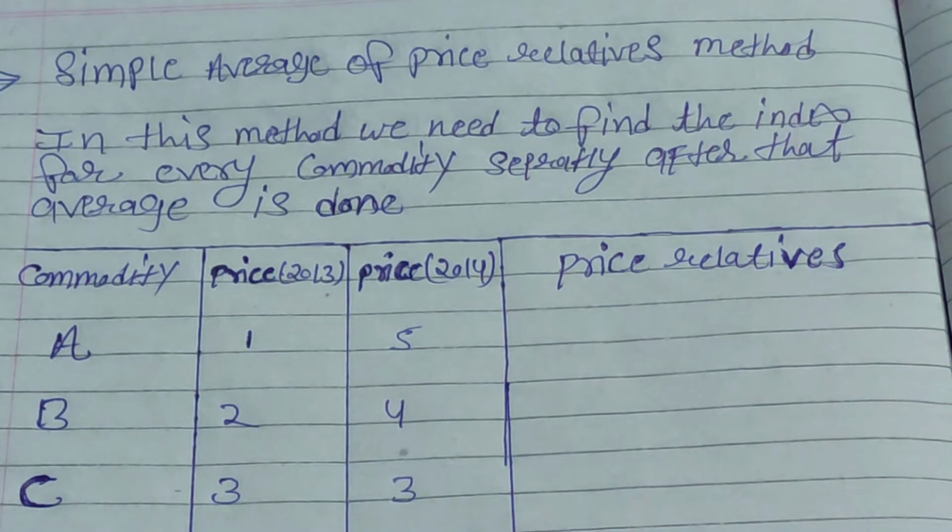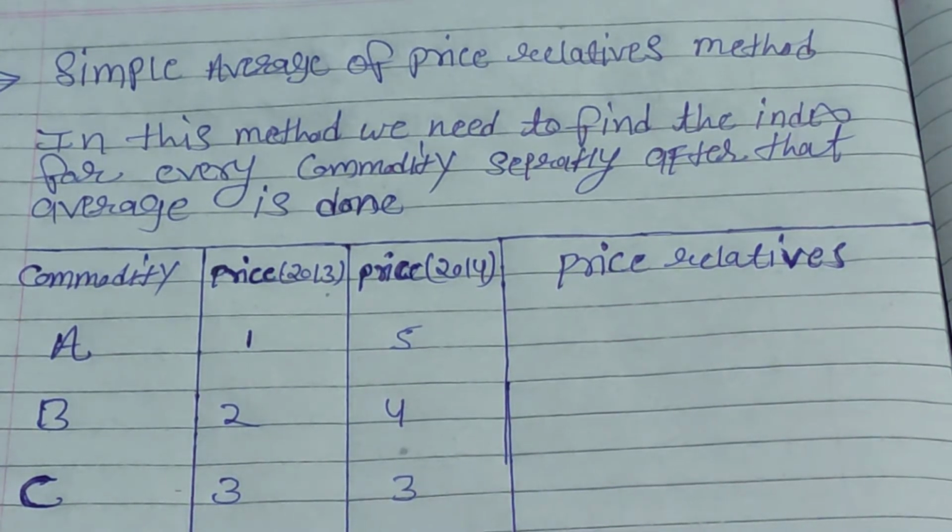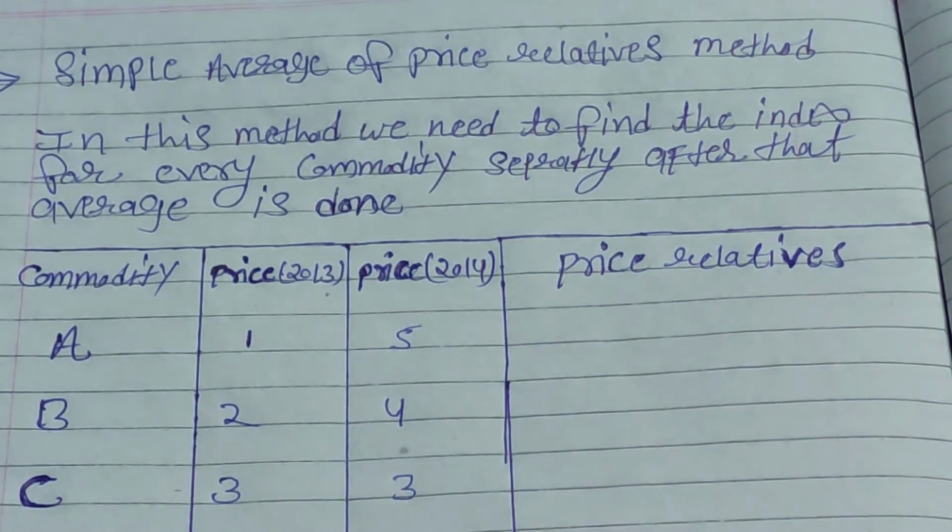So now we have to find the index for every commodity separately. Therefore we need a formula.